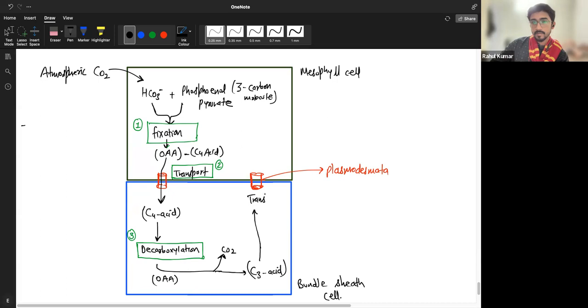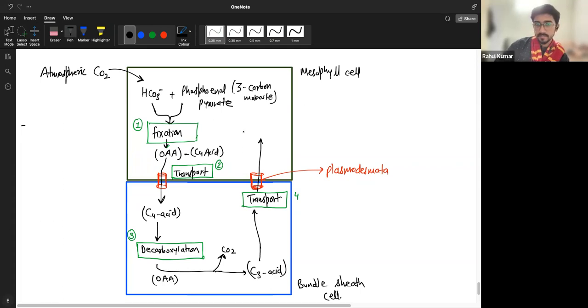Now this C3 acid will be transported back through the plasmodesmata into the mesophyll cell again. And now you know which is that C3 acid. What is it?